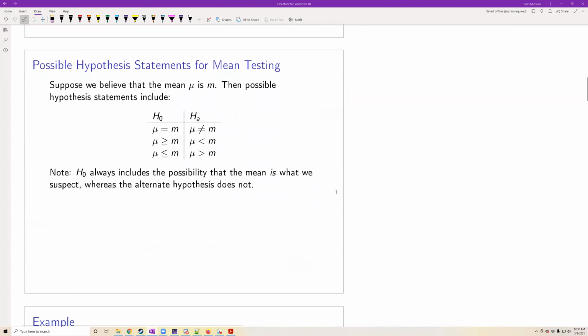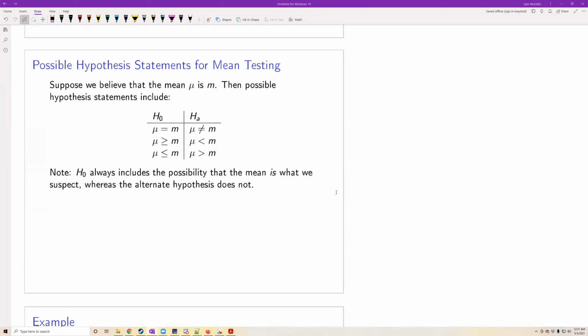Now, always the hypotheses when we're doing a problem with calculations will look like an equation. The null hypothesis will say something about the mean, and the alternate hypothesis will say something different about the mean. In this case, mu is the variable that we use to represent the population mean, and m would be some specific number.